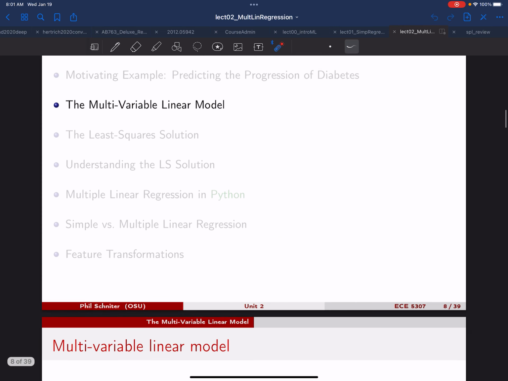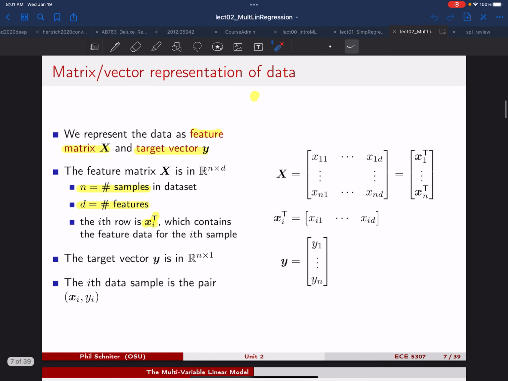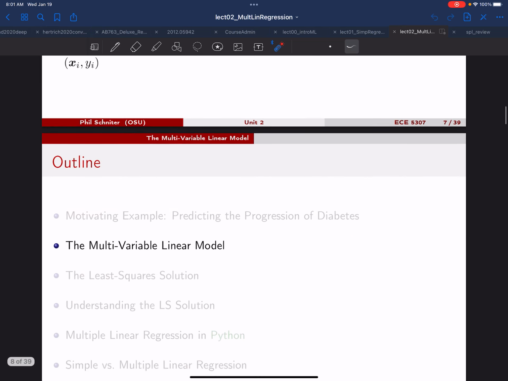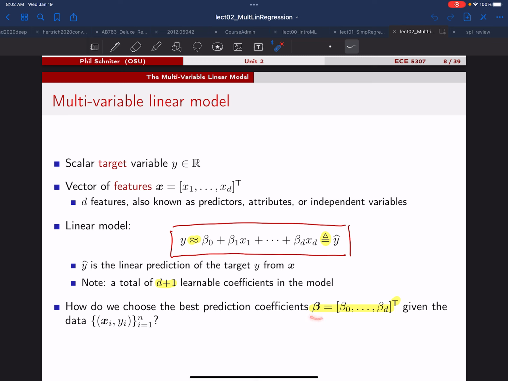So we talked about that over here. This is the ith example of the feature vector. So we want to use our data to fit our parameters beta so that this model approximates the data we have as closely as possible.